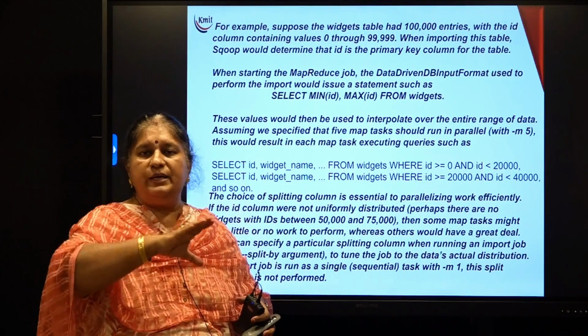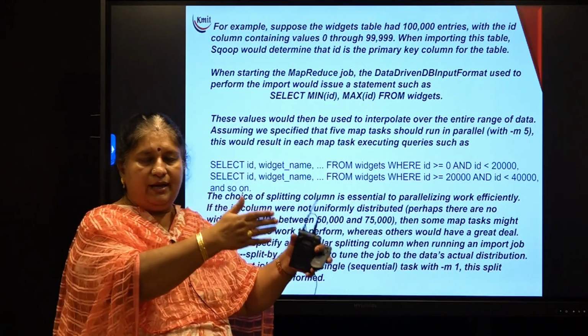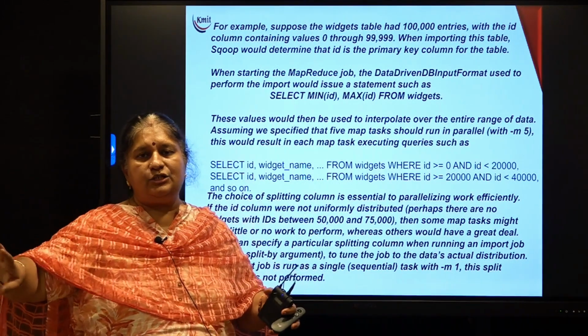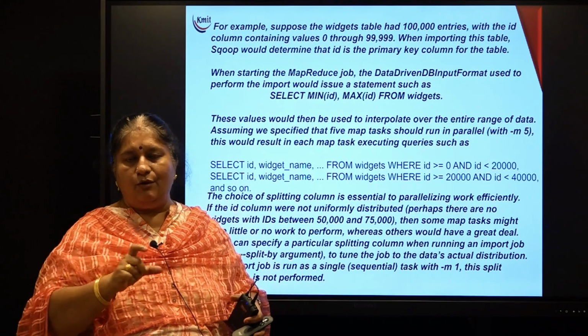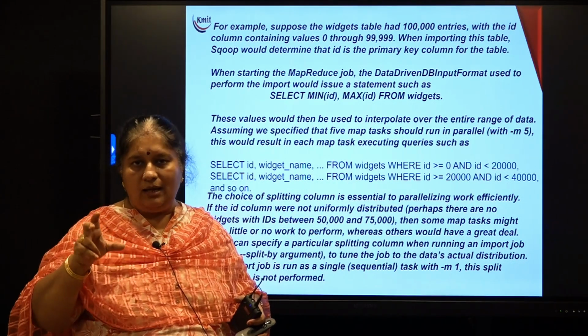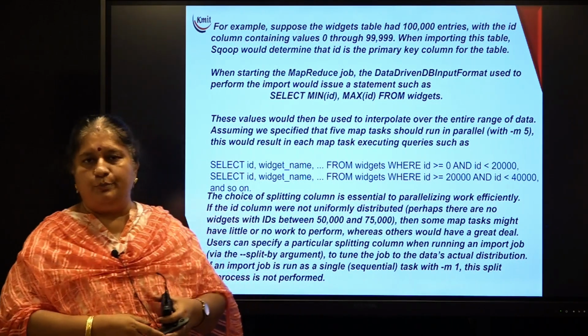So I say the splitting did not happen uniformly, right? In one section I might have less number of students, in other section I might have more number of students. So if we are not taking care of the range of values of the attribute with which we are splitting the data, the distribution could be uneven.